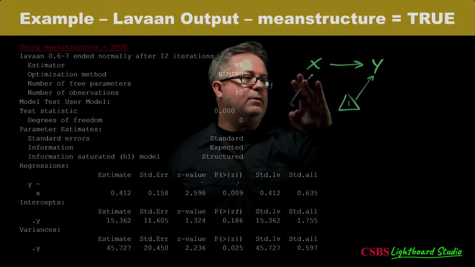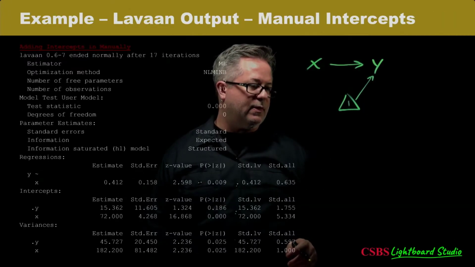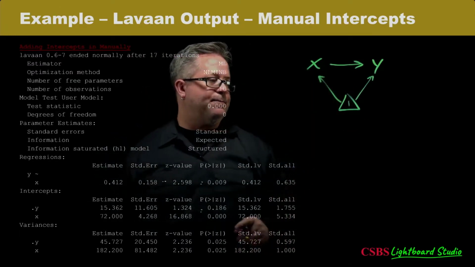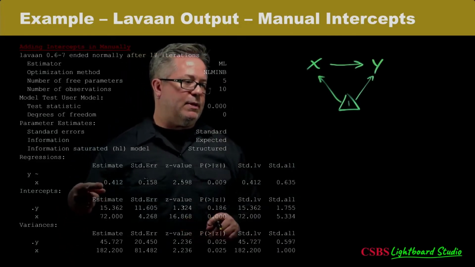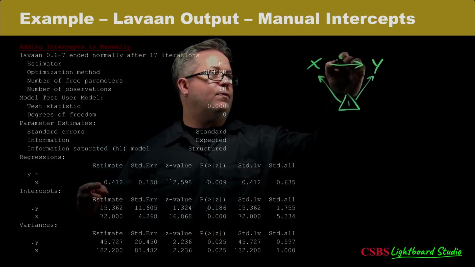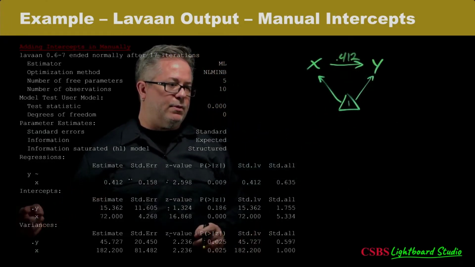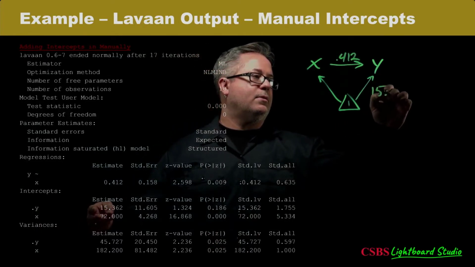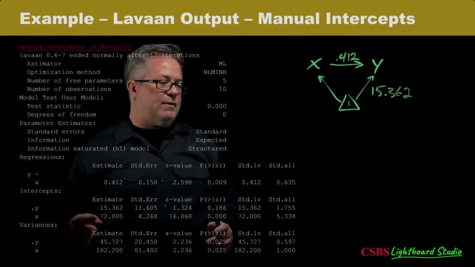In this particular version, let's go back to the version before this. This is actually an easier version to think of. In this version, I actually have this part in the model. If we look at the path, the estimate here is 0.412. The estimate for the y-intercept is 15.362. The estimate for the mean of x is 72.